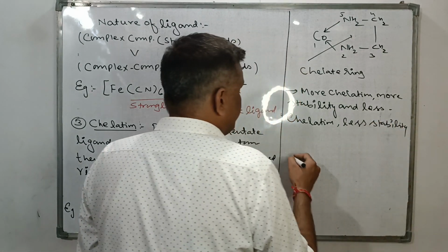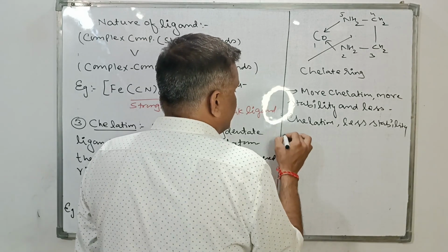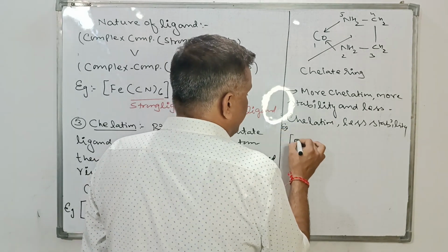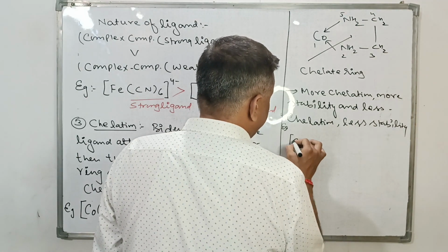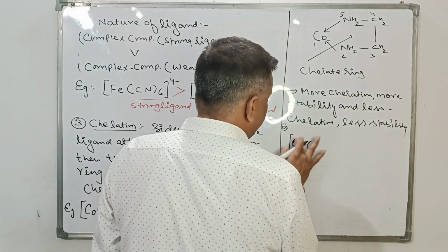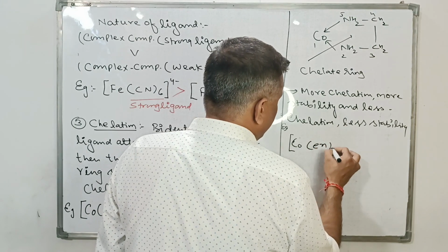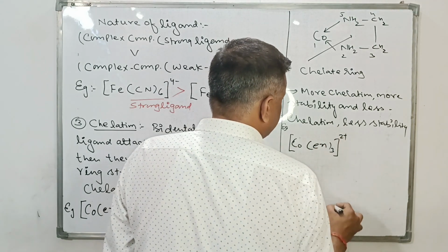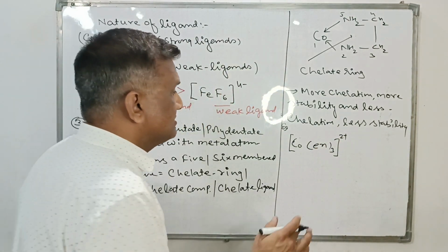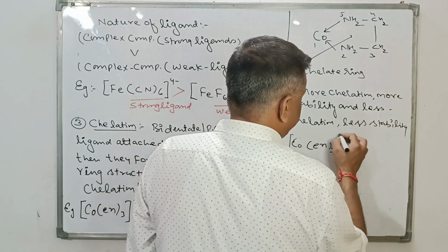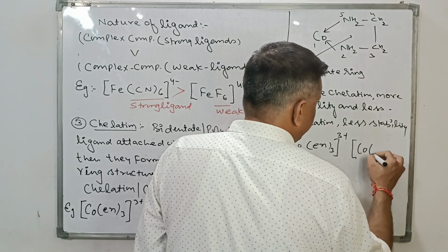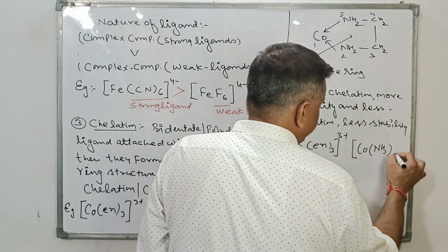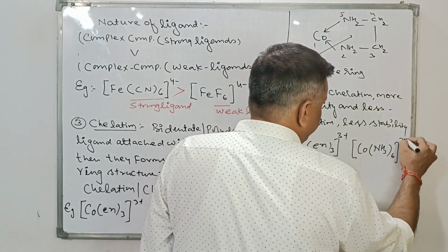Suppose this is an example, [Co(en)3]3+. This is another complex compound, [Co(NH3)6]3+.